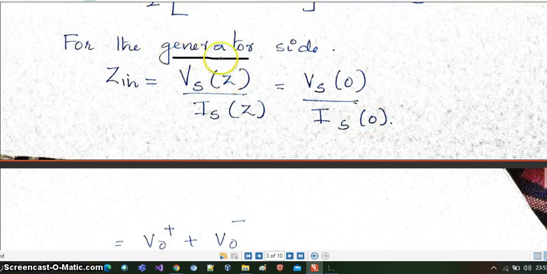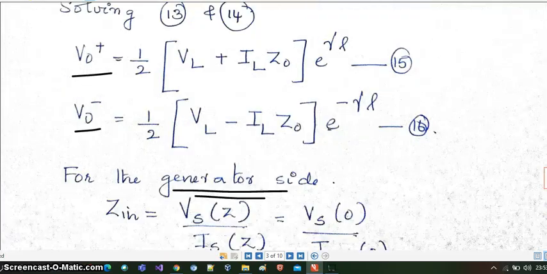We are going back to the generator side. Zin is equal to Vs of Z by Is of Z, simply voltage by current. That is equal to Vs of 0 by Is of 0, because Z equal to 0 is near the generator side. Then what is Vs of 0 and Is of 0?